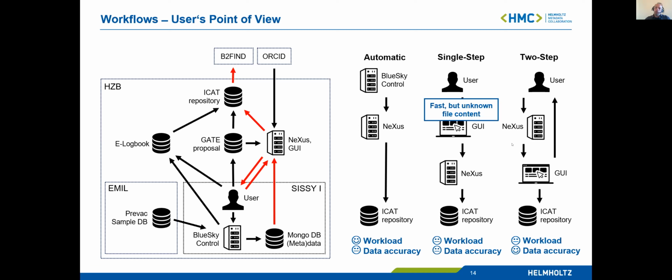For this we provide a two-step process where the user starts the Nexus file creation. The content of the file is then displayed in the graphical user interface, and the user can change it and enrich it, add some more information, rewrite the Nexus file, and when it meets their demands, then ingest it to the ICAT repository.